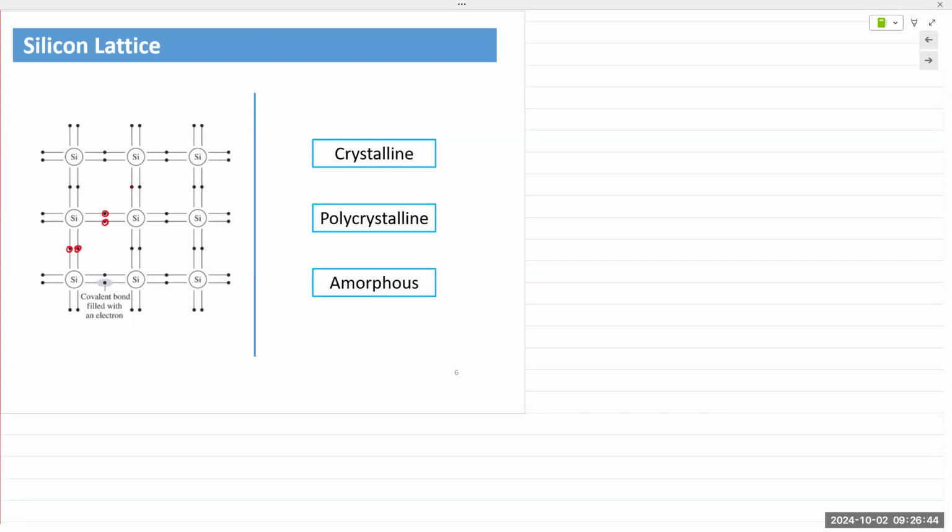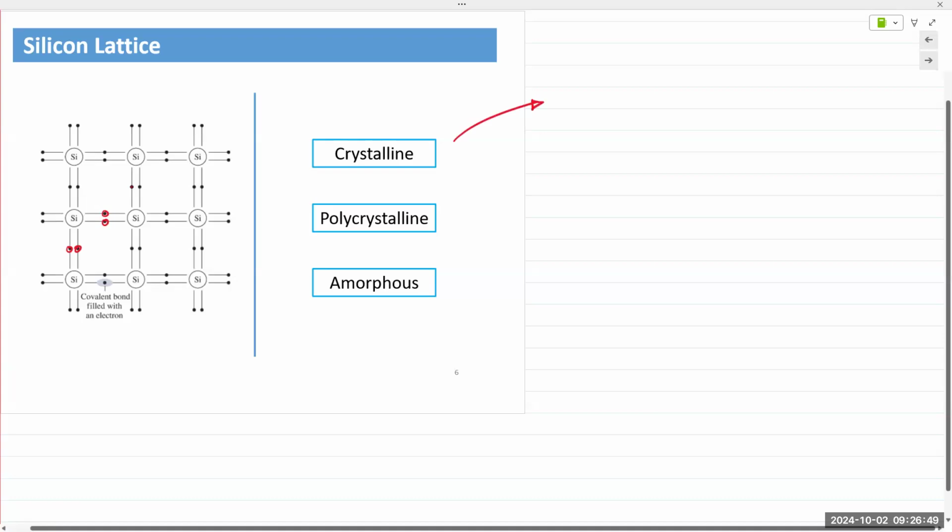Okay. So if it's a completely ordered segment inside the material, we call that material crystalline.